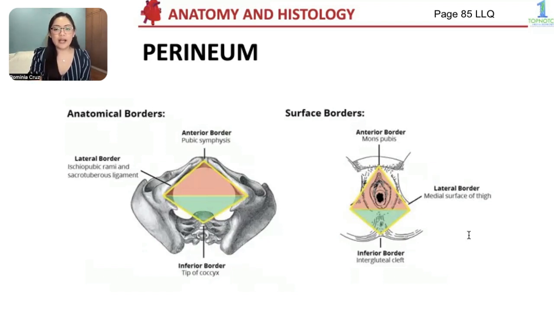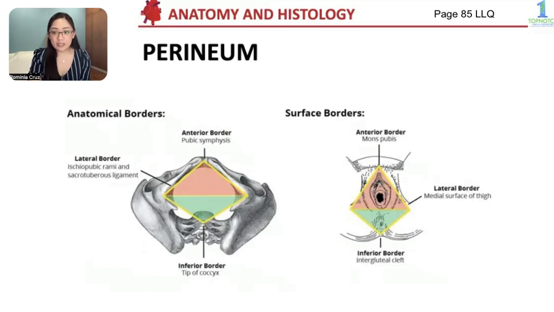So an arbitrary line joining your ischial tuberosities divides the perineum into your anterior triangle, also called your urogenital triangle, and the posterior triangle termed your anal triangle.